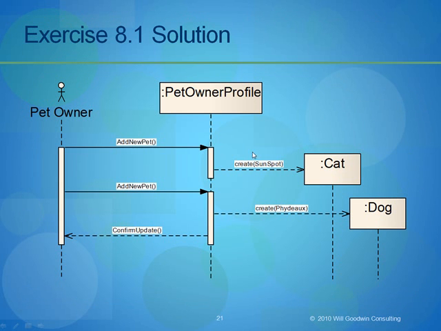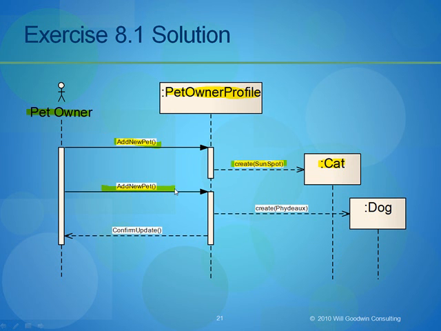Welcome back. Here's our pet owner starting things off, and they're indicating they want to add a new pet to their profile. Notice their profile object is in existence. They're adding a new pet. Well, the first pet they're going to create is the cat, Sunspot.